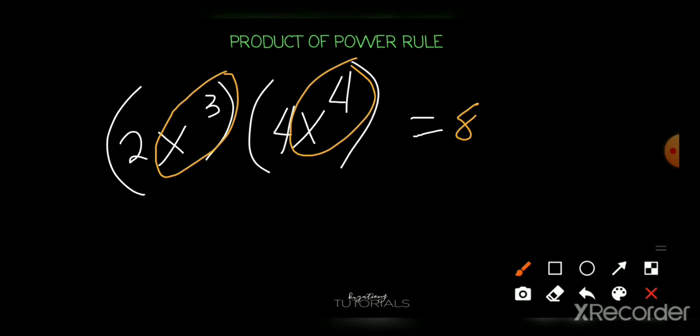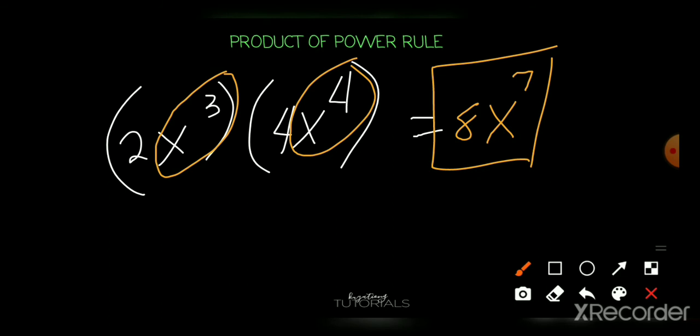The rule is, if the bases are the same, just copy. So we copy x, then add the exponents. 3 plus 4 is 7. So the final answer is 8x to the power of 7.